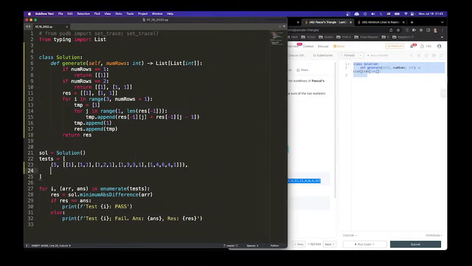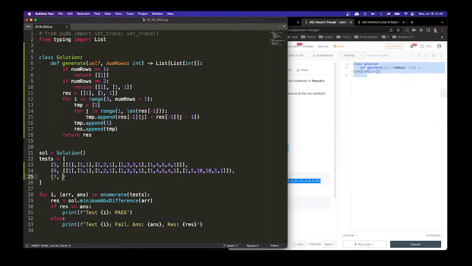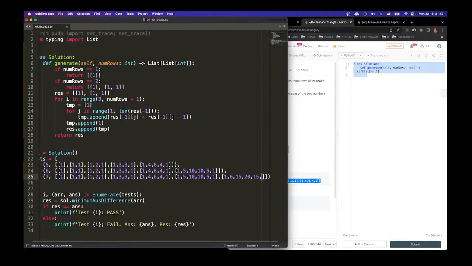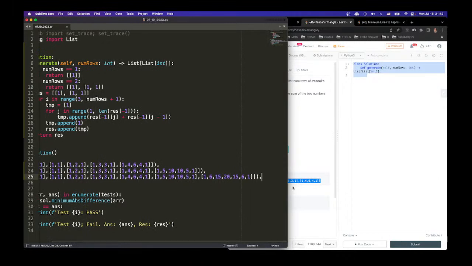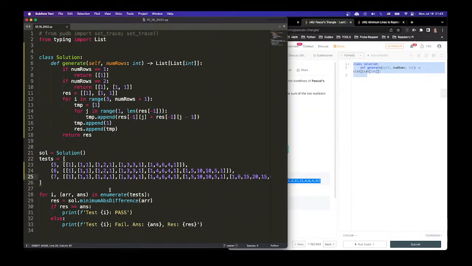Oh, I can actually keep going. 6 shall give us 1, 5, 10, 10, 5, 1. Let's do one more. 7: 1, 6, 15, 20, 15, 6, 1. Okay.